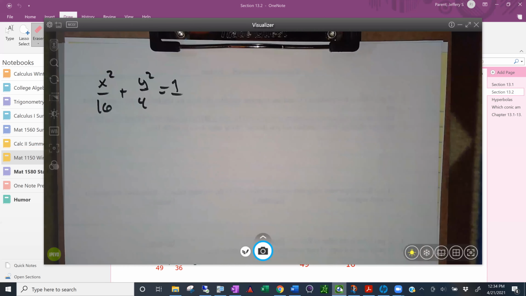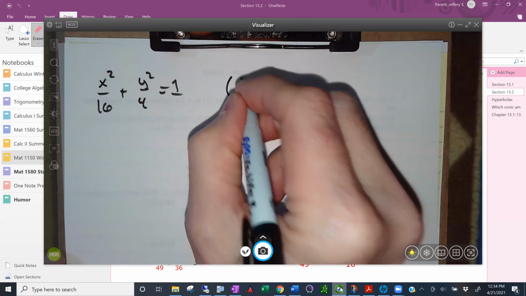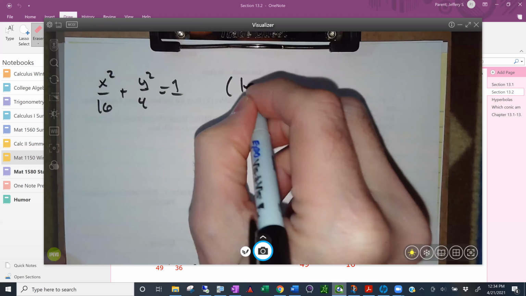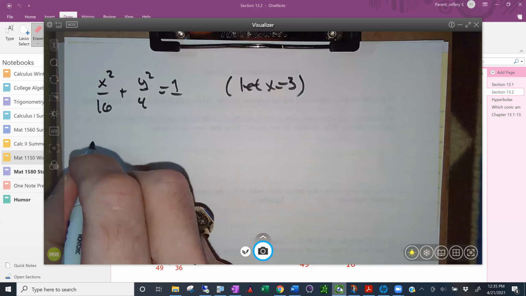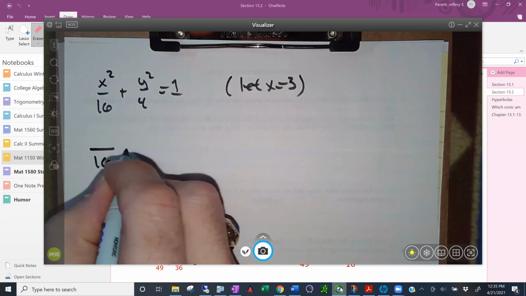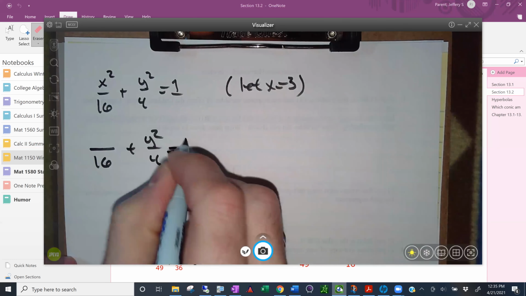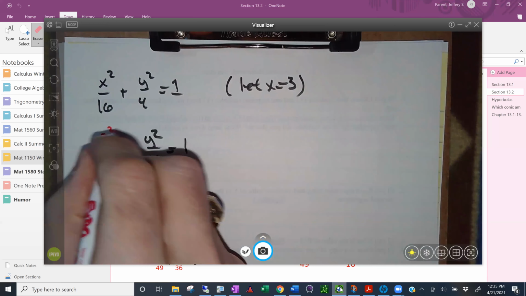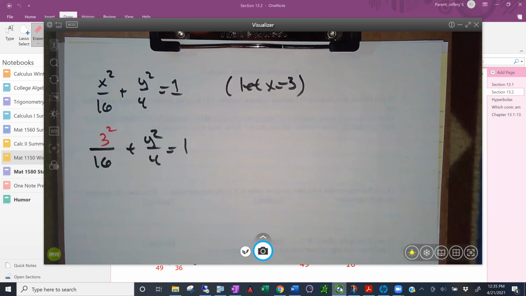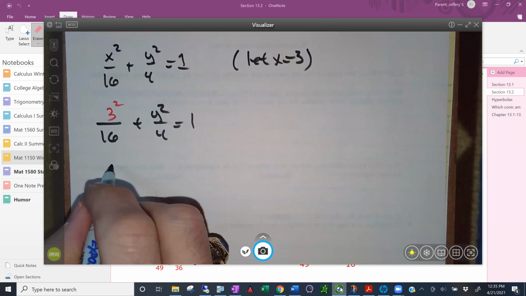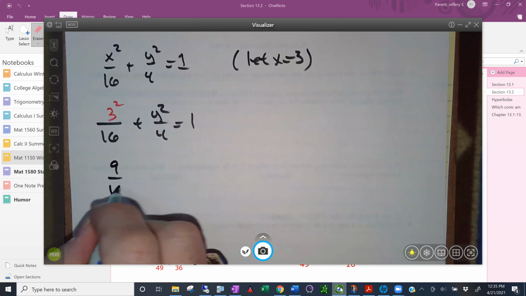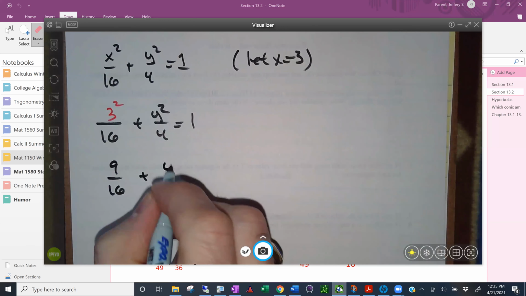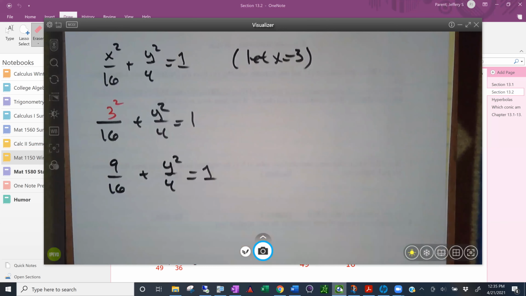Here's your ellipse. Let x = 3. So if I let x = 3, that becomes 3 squared, or 9/16, plus y squared over 4 equals 1.